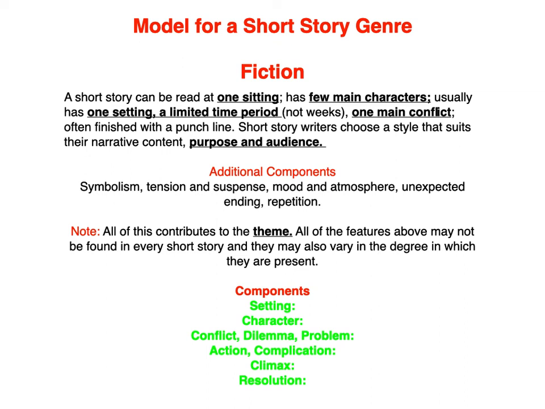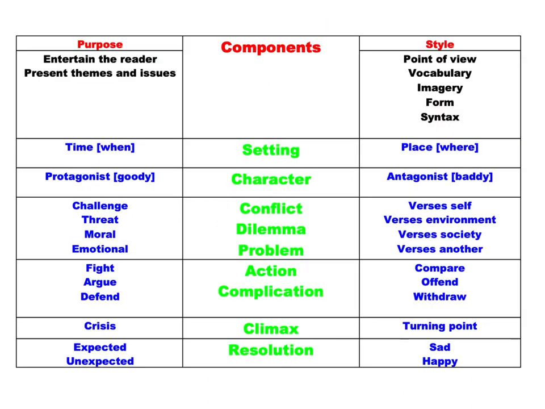Obviously, there's character, there's setting, there's conflict, which is also called a problem or a dilemma. There's action, there's a climax where the story builds to the most exciting point, and then there's a resolution after the climax.